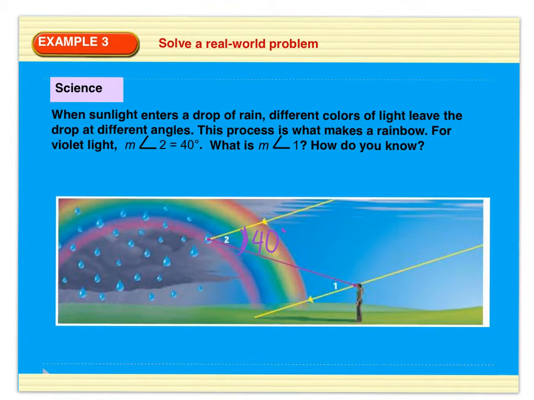What's the relationship between angle 1 and angle 2? What are they called? Alternate interior. And what's true about alternate interior angles? If these lines are parallel, they're congruent. So the measure of angle 1 is 40 degrees. Again, in order for this to work, these had to be marked as parallel, which they were. If they weren't, you would not know anything about the measure of angle 1.